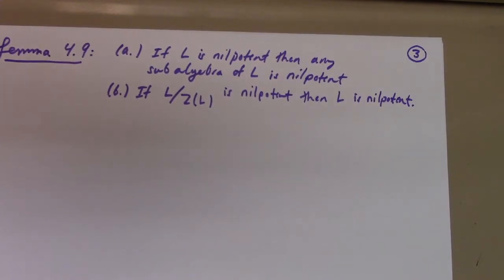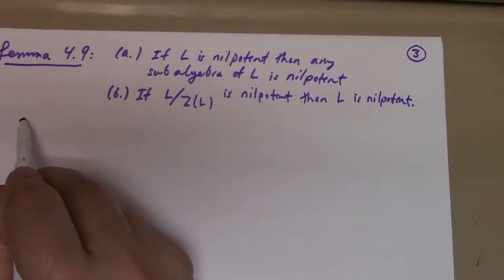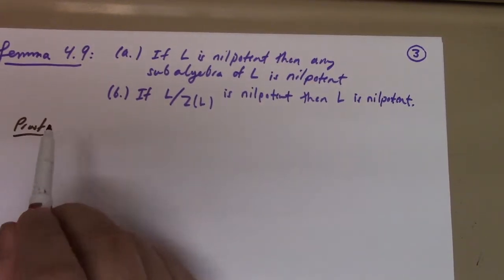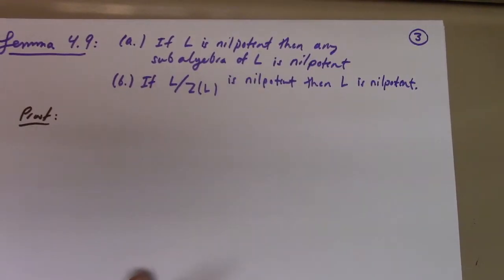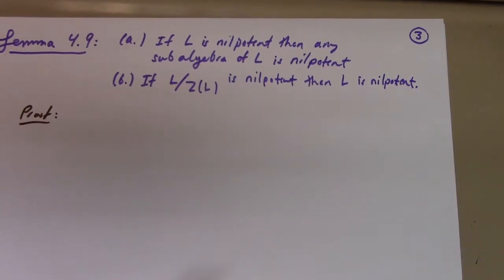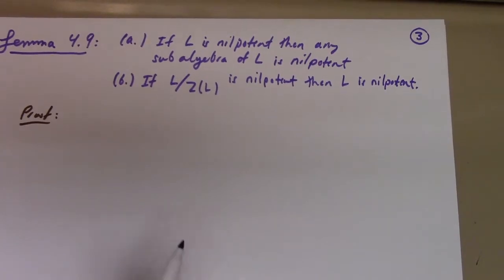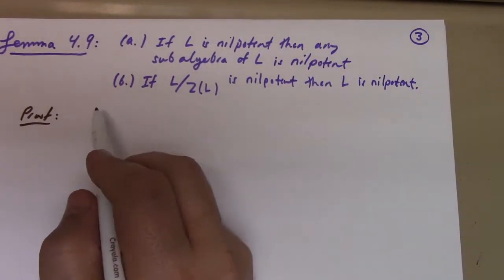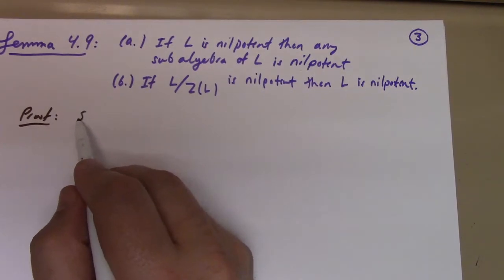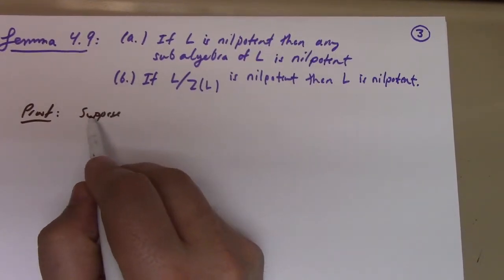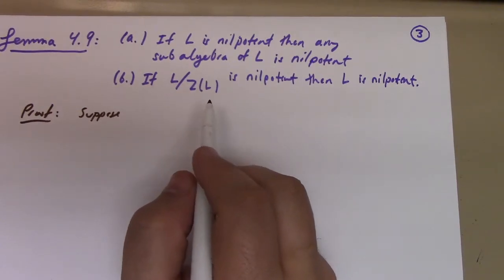Okay, so here we go. Proof. He says A, this is clear from the definition. Alright, humor me. If it's so clear, it should be easy to write down. Suppose, you have to use containment. We need a letter for the algebra.